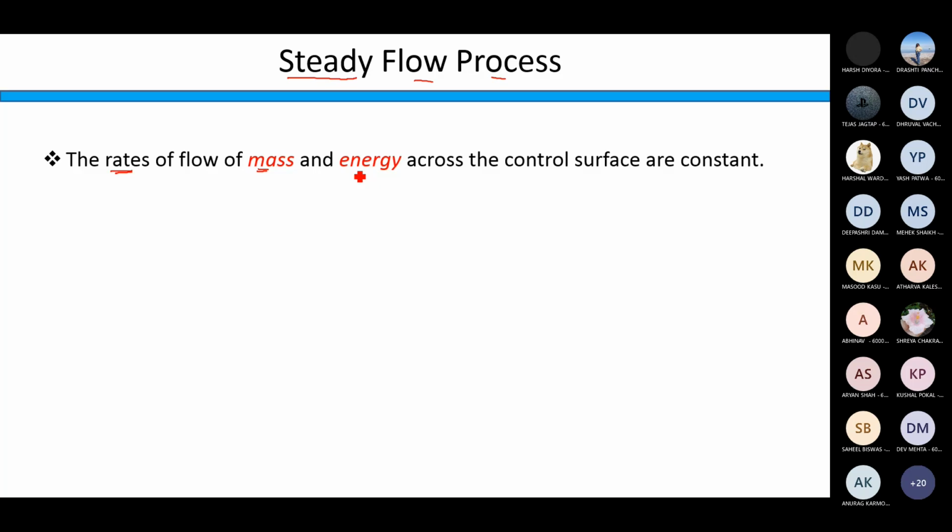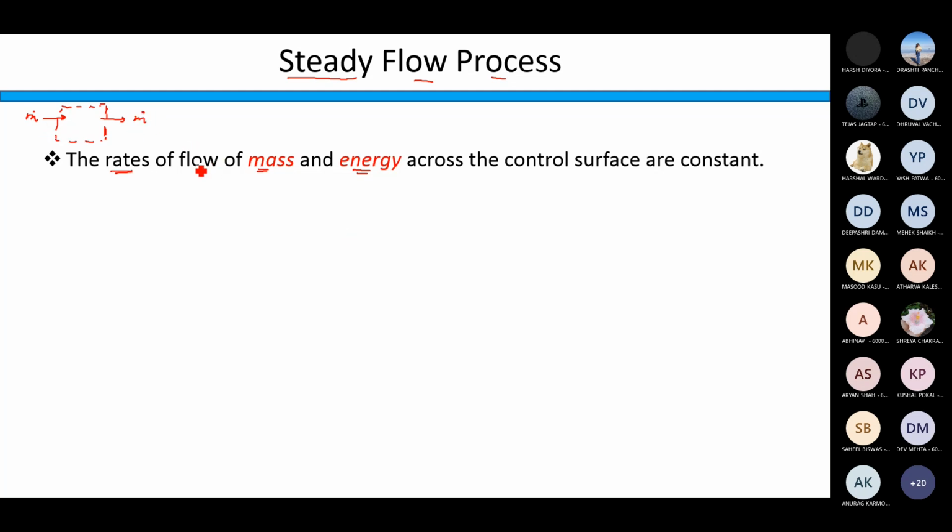So whatever that boundary we have shown by dotted line in that previous slide. If some mass is entering here, let us say mass entering per unit time is m dot, now the same quantity must go out, m dot.